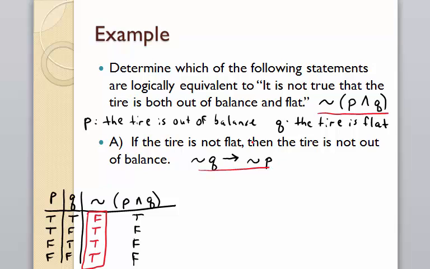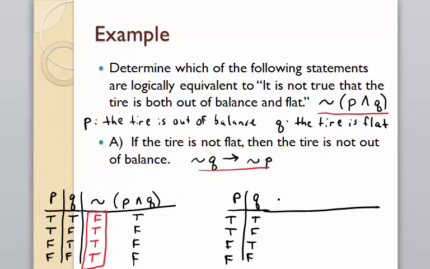Let's now construct a truth table for this expression. So again, I'm going to start by doing a P column and a Q column. And then we'll extend and we'll calculate the negation of Q, implying the negation of P. So let's go ahead and fill in our columns for the negations.